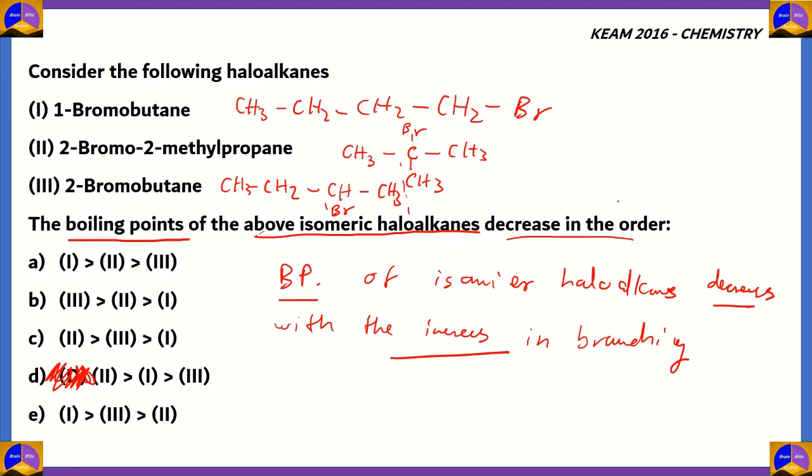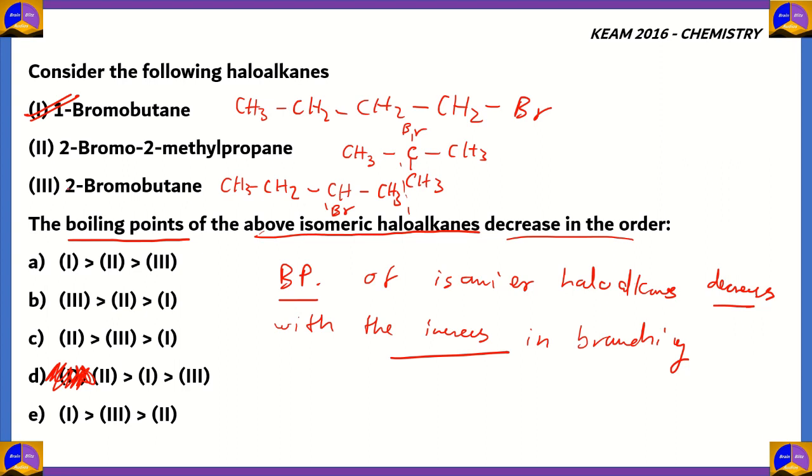As you can see, the lowest amount of branching occurs in 1-bromobutane, because 1-bromobutane is basically a straight chain. After that, you have 2-bromobutane, because in 2-bromobutane, the Br goes from the first carbon to the second carbon. So it essentially makes a CH3 branch off from one end of the last carbon.